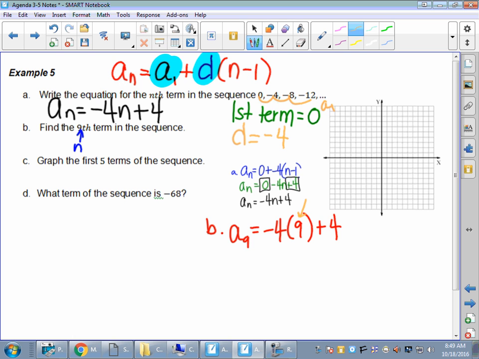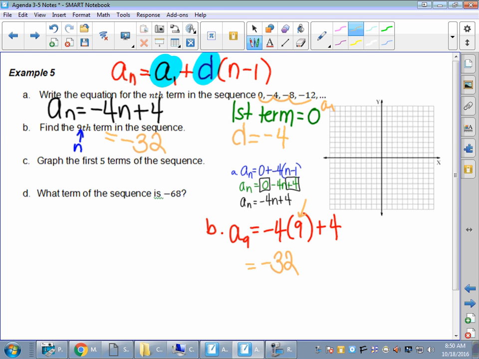So this is what I put in there from part B, the ninth term in the sequence. So that ninth term would be negative 4 times 9 is negative 36. Negative 36 plus 4 would be negative 32. So I have to write the equation, and then I can put an n value in there and find the actual answer.